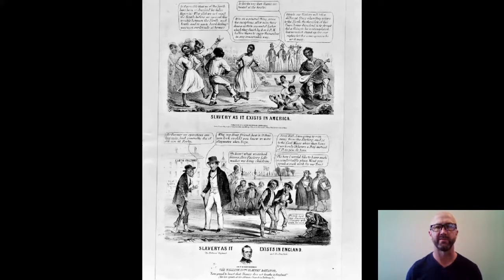Where up above, Slavery as It Exists in America suggests, and these people are all saying this, look at how easy their lives are, how generous we are to them by providing them with work and providing them with food, and completely downplays the idea that they're owned and all the horror that goes along with being a slave. They're all just dancing and frolicking and having fun. Everyone, by the way, is shown as a racial stereotype with big lips and big eyes and giant noses.